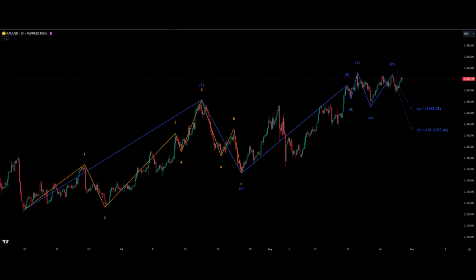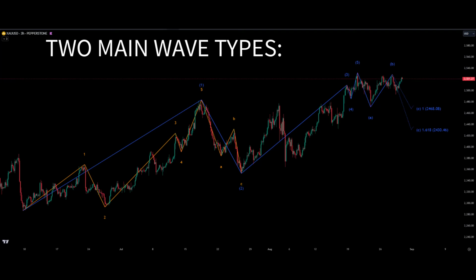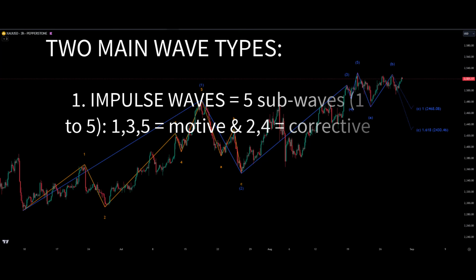Now, according to the theory, these waves are part of a broader predictable cycle, and there are two main types of waves: the impulse wave, and these consist of 5 subwaves labeled 1 to 5 and move in the direction of the larger trend.